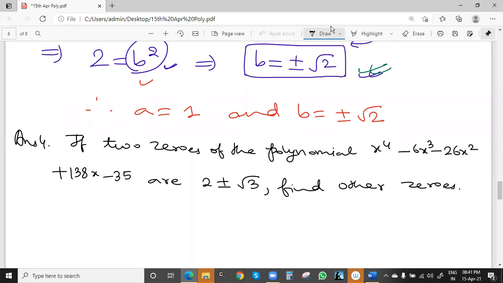This is question 4. Let me write the question here. Question 4 of exercise 2.4.